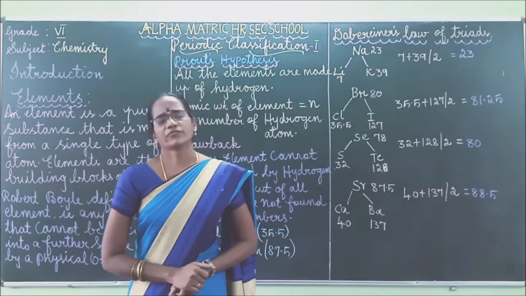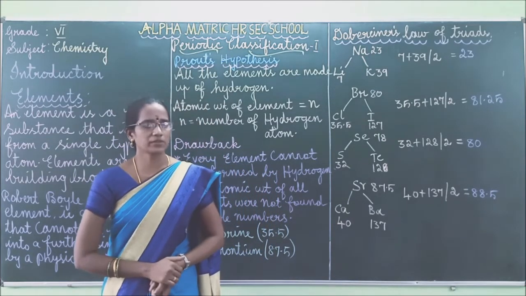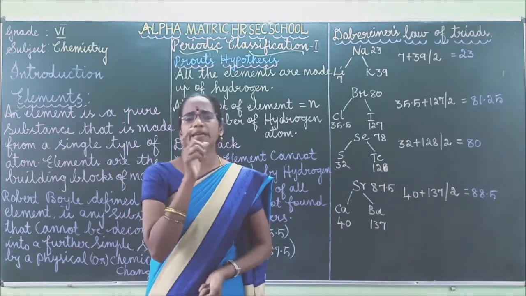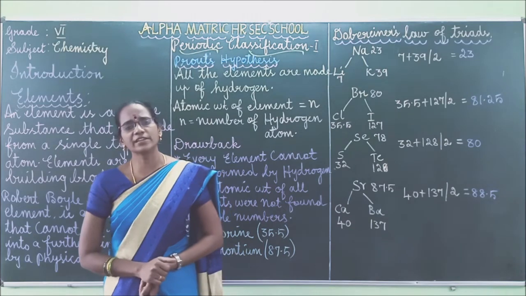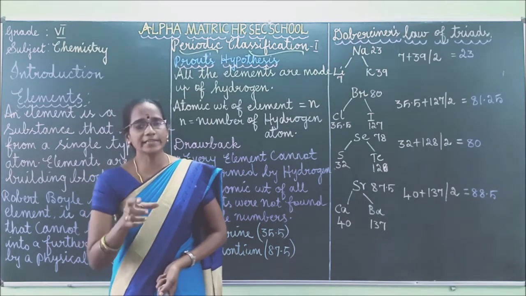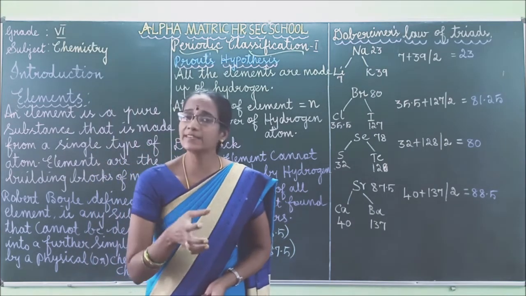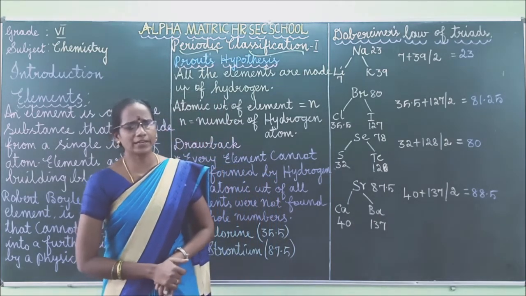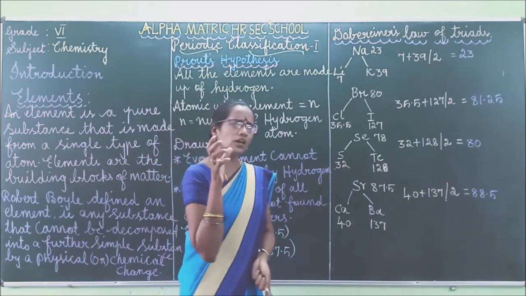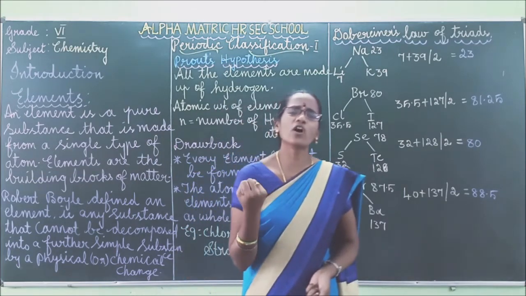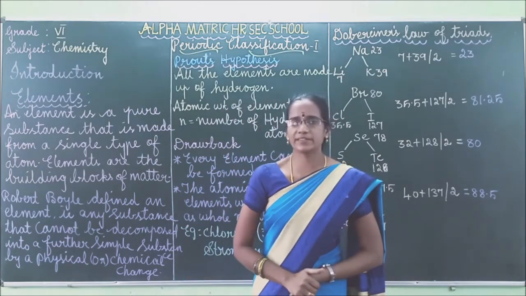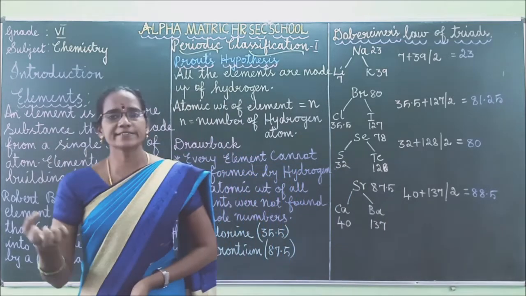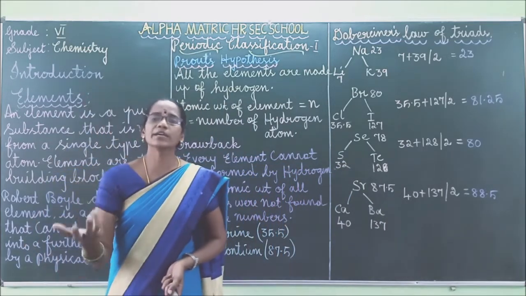Döbereiner was a famous German chemist. In 1800, he gave a relationship between the atomic weight of an element and its properties. Also, he noted that there are groups formed by 3 elements based on their similarities in physical and chemical properties.